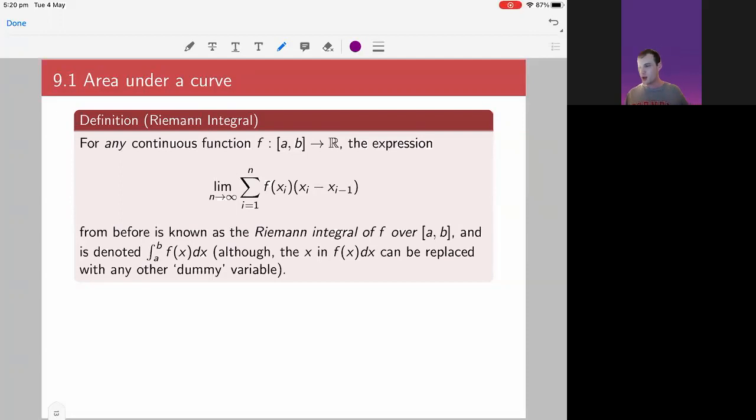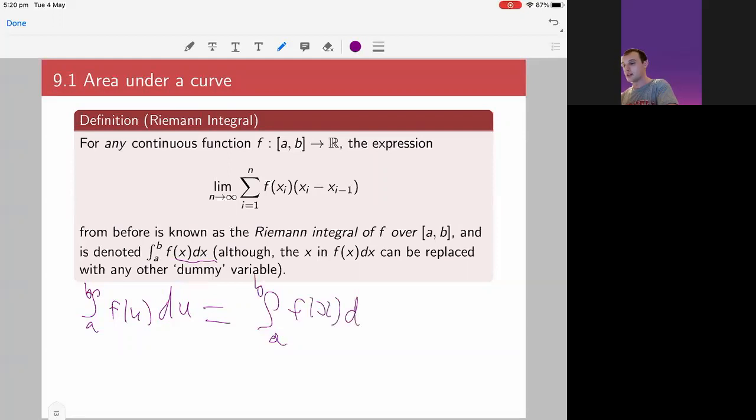This x in the f of x dx expression is a dummy variable. It doesn't have any technical function. It's just there to make this expression look a bit more aesthetically pleasing. What I mean is that if you replace x with u, this is the exact same expression.